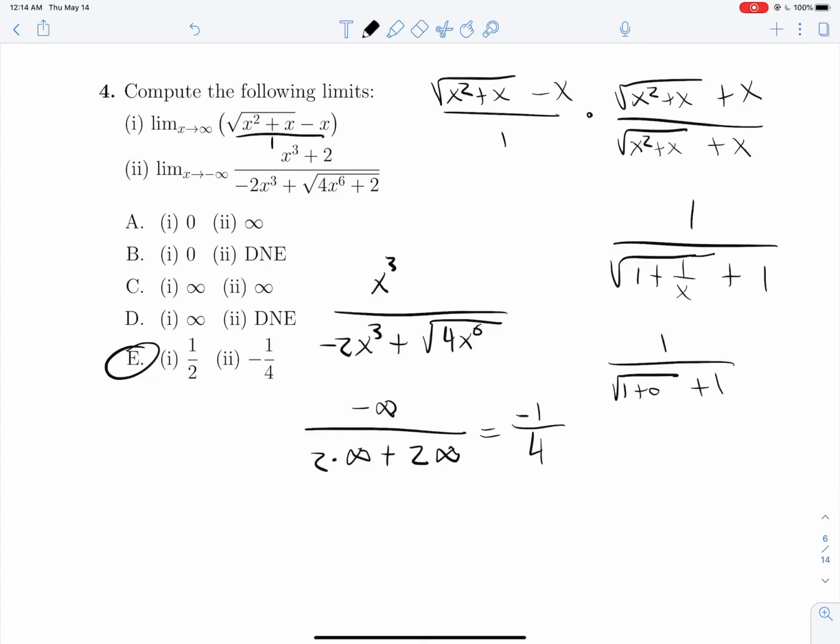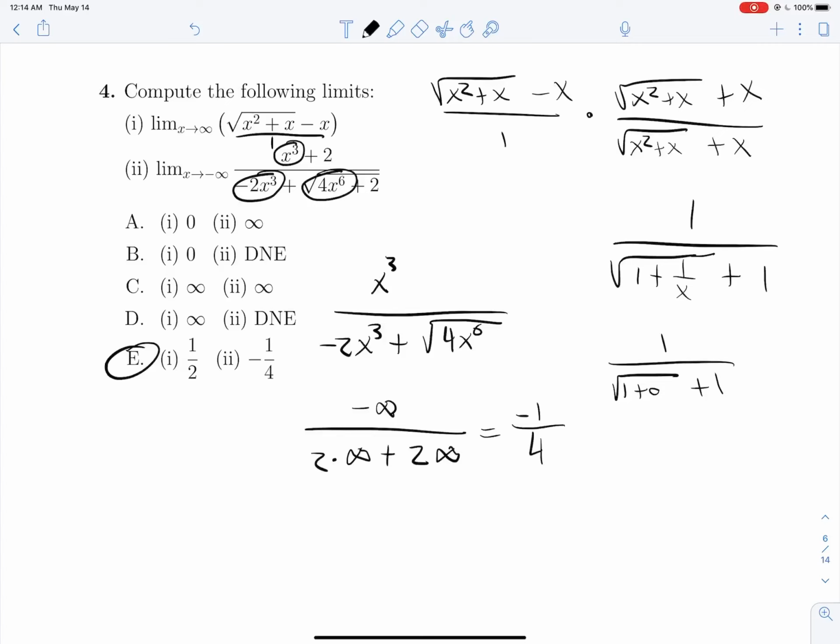But if you end up with some expression that has the same power in multiple different places, and you don't have a power that's overwhelming all of those guys, you can just directly substitute in the value that you're looking for, even if it's technically kind of illegal when you're dealing with infinities. So 4 is E.